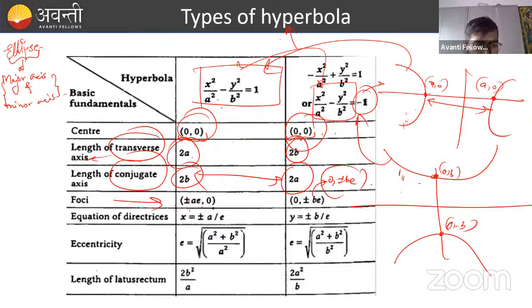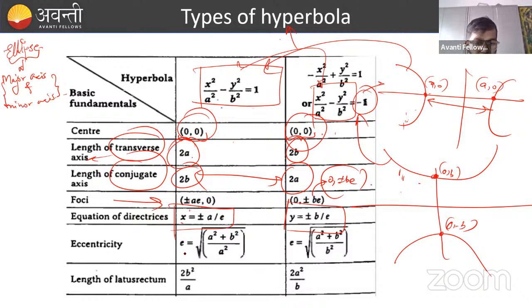Again, for equation of directrix, this is x equals to plus minus a by e. There x is changed by y, and a is interchanged by b, hence y equals to plus minus b by e will become our directrix equation.